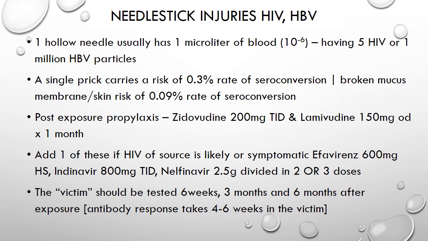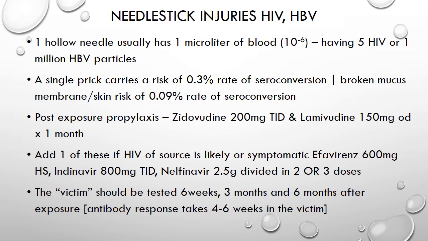In the likely event that the skin or mucous membrane is broken and a few HIV particles fall on the non-intact mucosa or skin, there is a 0.09% rate of seroconversion, which is hardly anything. Whereas, if there is a single prick, it carries a risk of 0.3% rate of seroconversion, which is a very high percentage compared to that when the organism falls on non-intact skin or mucous membrane.